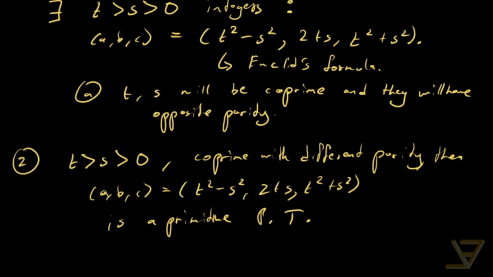So both directions hold. And just to be clear, in the primitive Pythagorean triple, the second term, B, is the even one out of A and B. So I hope this classification helps you out in Olympiad problems.